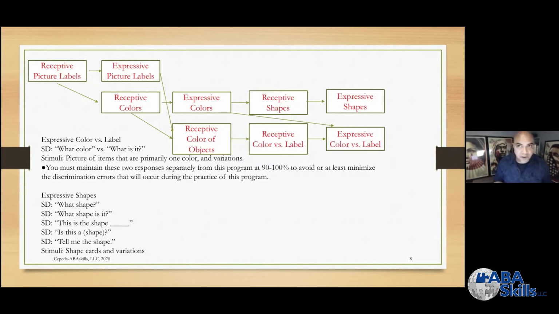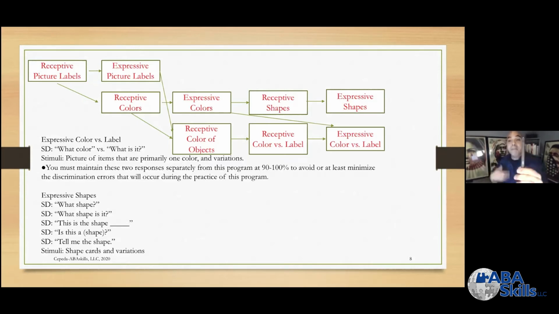Right now, when you first introduce that program, do not say what color is it versus what is it. You definitely want the instructions to sound as different as possible to help your learner make the discrimination, because they're looking at one thing and you're saying, what is it? Pen. What color? Gray. Well, that's going to be a little bit challenging because your learner's experience with this particular item is that they've labeled it 2,000 times.